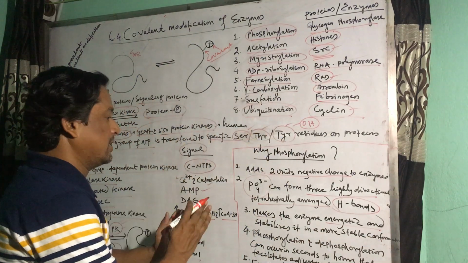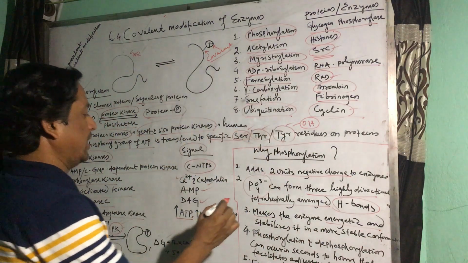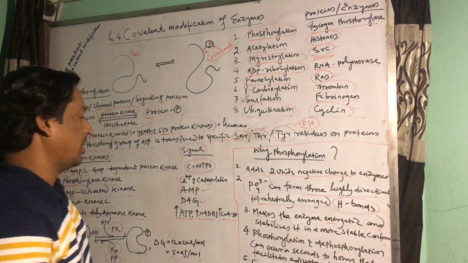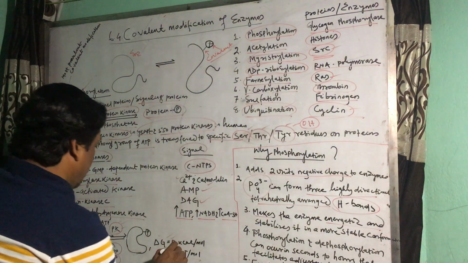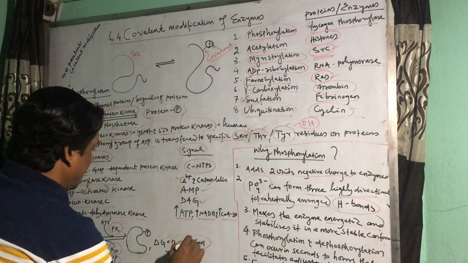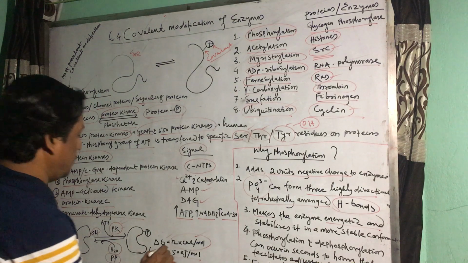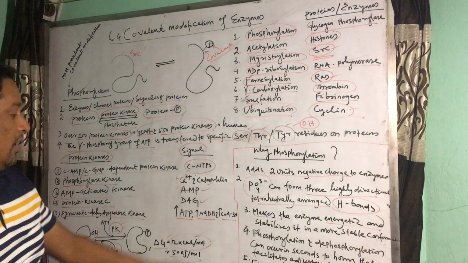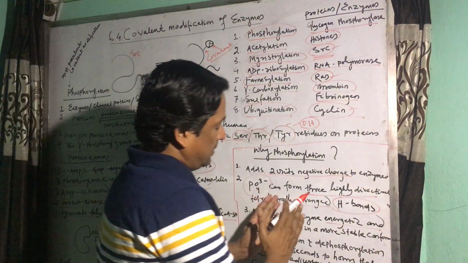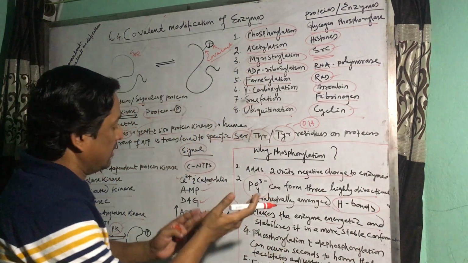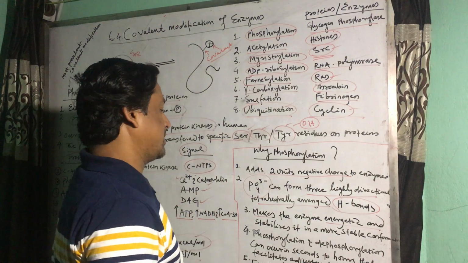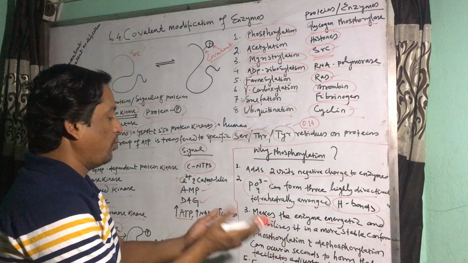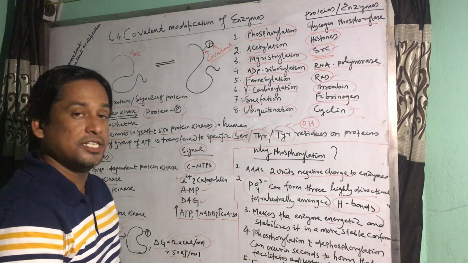This phosphorylation is associated with ATP hydrolysis, and as you know, hydrolysis of 1 mole of ATP leads to a release of 12 kilocalories per mole in cellular conditions, and hence this ATP hydrolysis provides 50% of its energy to the protein.